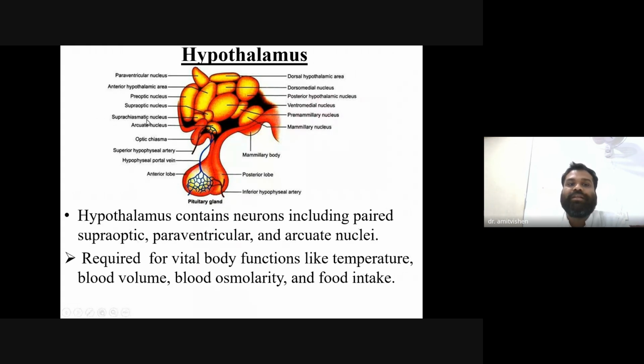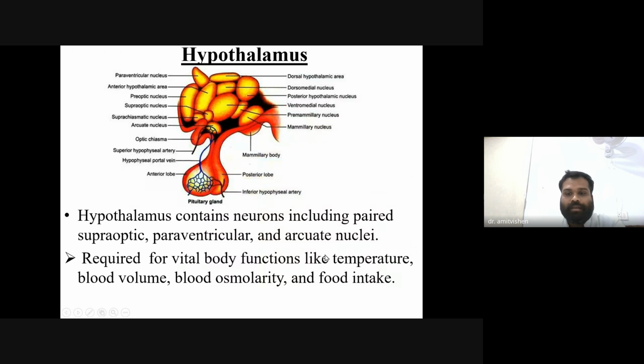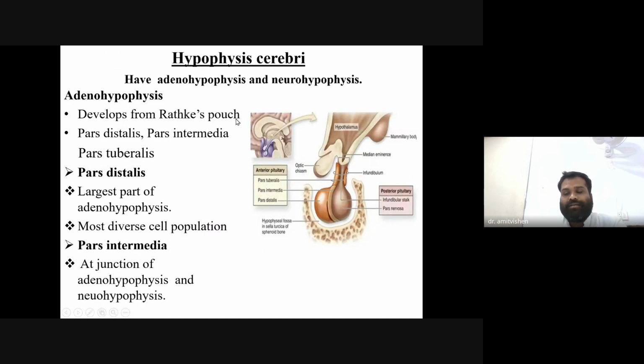It is very important when we talk about the pineal gland, and later I will discuss this suprachiasmatic nucleus. And this hypothalamus is very much required for regulating blood volume and the osmolarity.